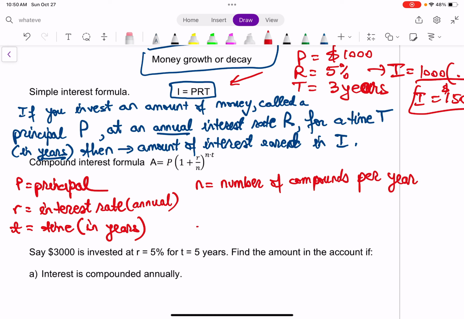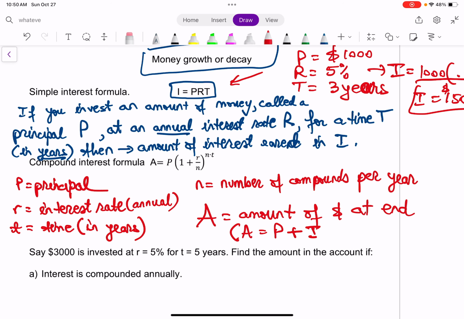Now, A is the amount of money at the end. And by this, I mean A is going to equal the principal amount of money that you invested plus the amount of interest that you have earned.